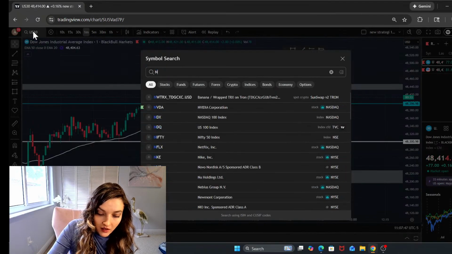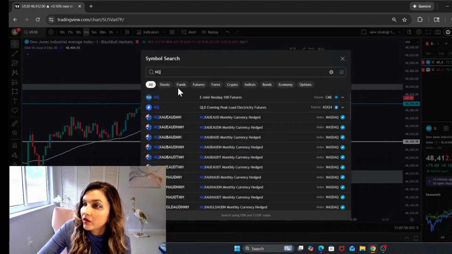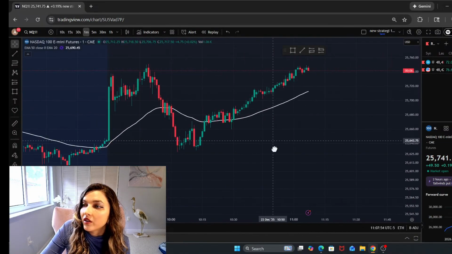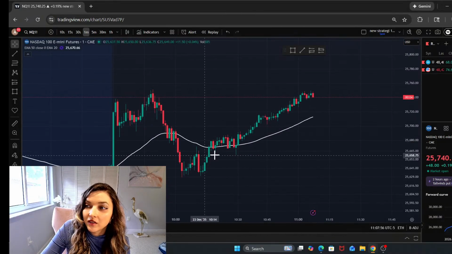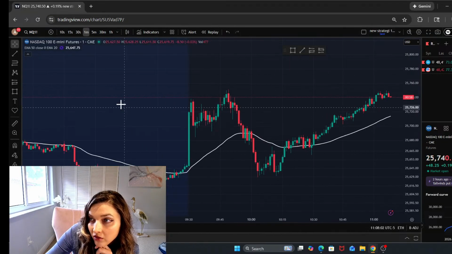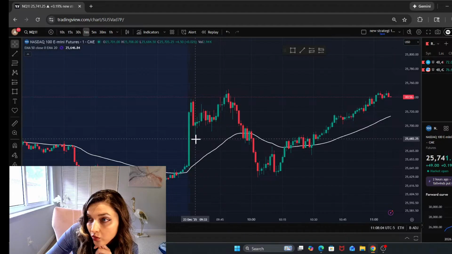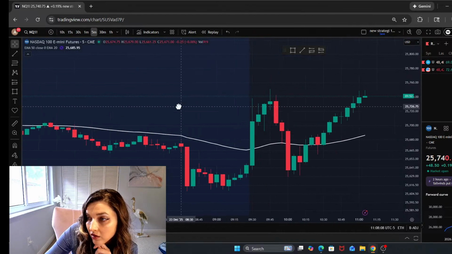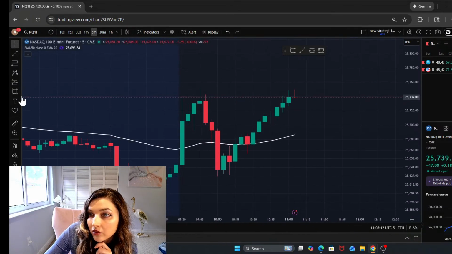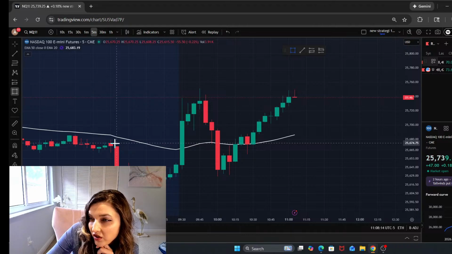Let's see, NQ. Oh yeah, this was a nice one here, right? Or where did you do it? Short. Okay, so 5 minutes. Where did you see the retest on a short?